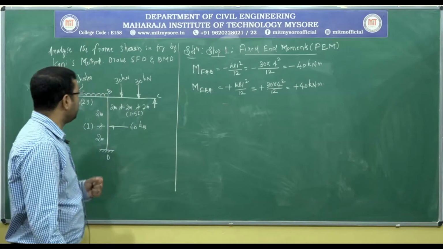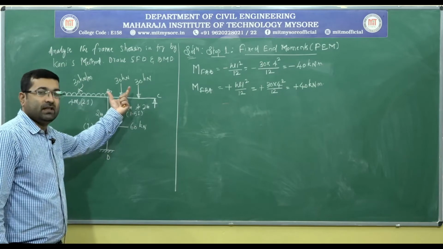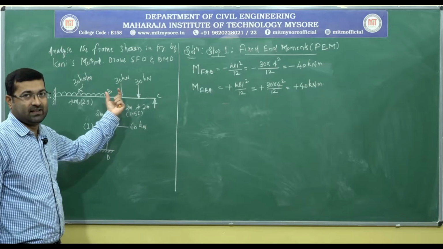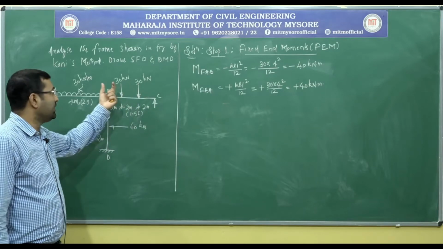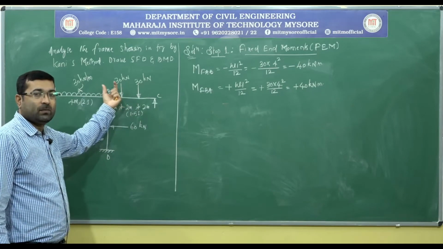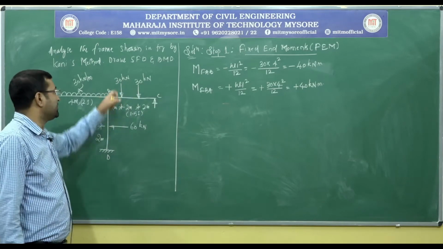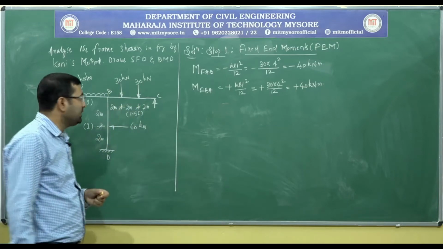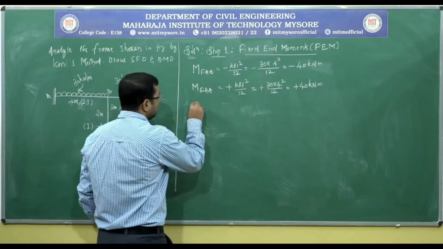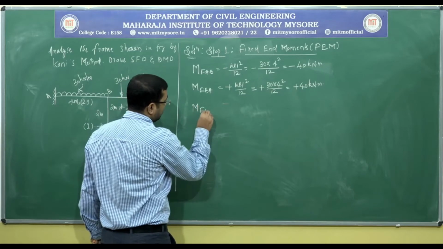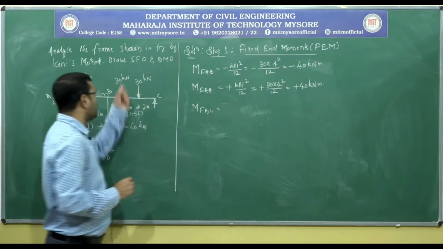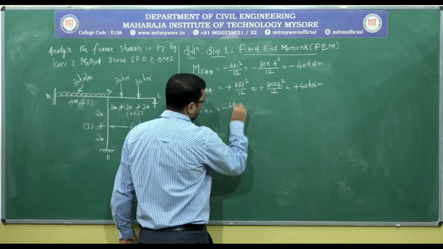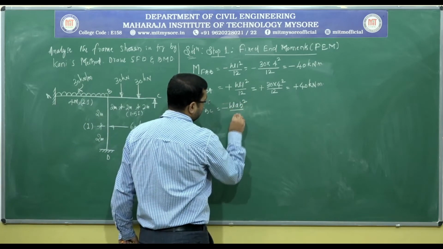Now, for span BC, you can see there are two concentrated loads, they are eccentric in nature. So, we have to apply the formula separately for each load. Let us say this is W1 and this is W2. MFBC is equal to, for one eccentric concentrated load, the formula minus WAB square by L square.